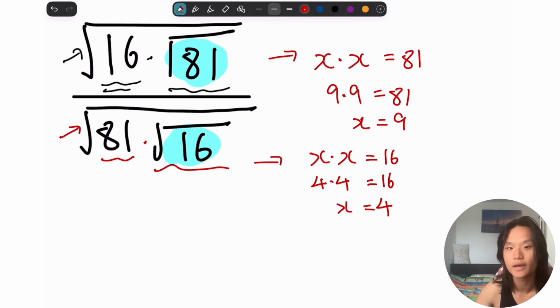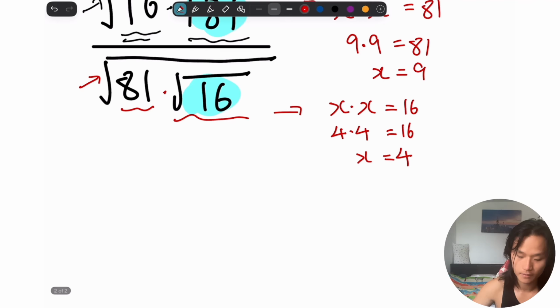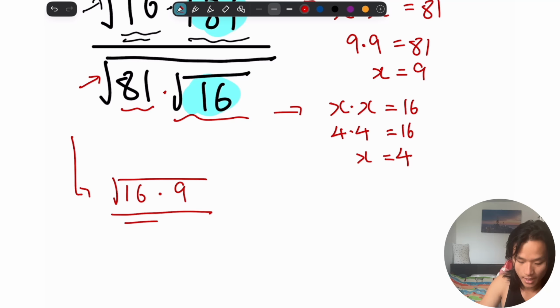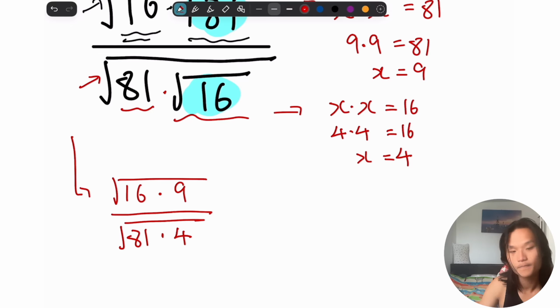Now that we know this, we can rewrite our expression as the square root of 16 times 9 divided by the square root of 81 times 4.